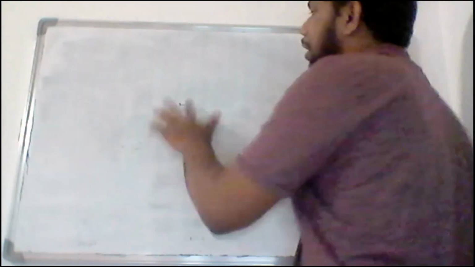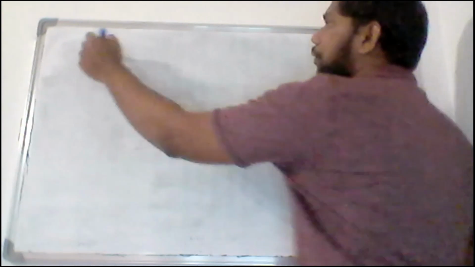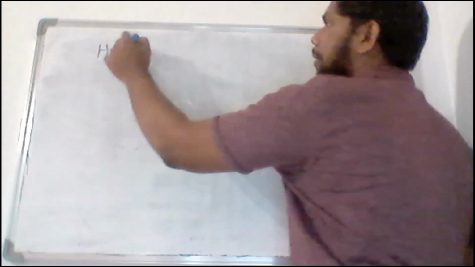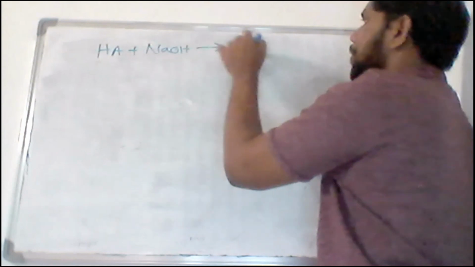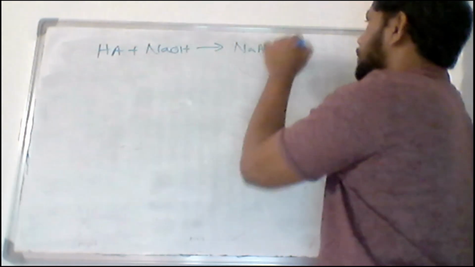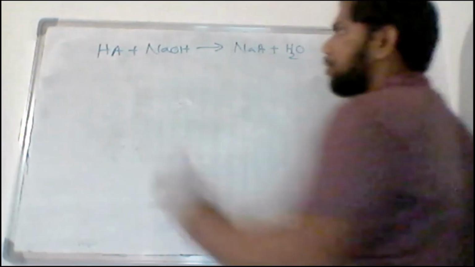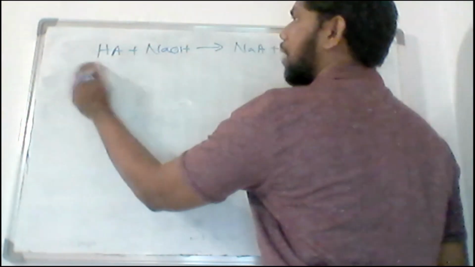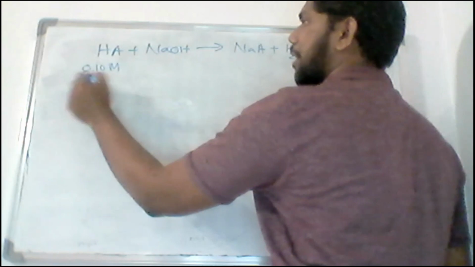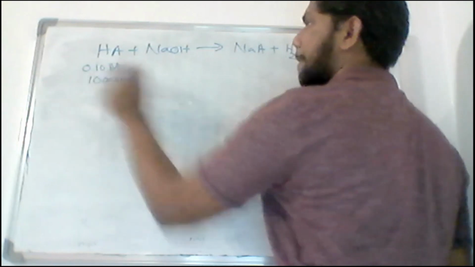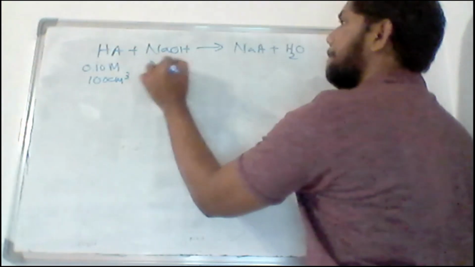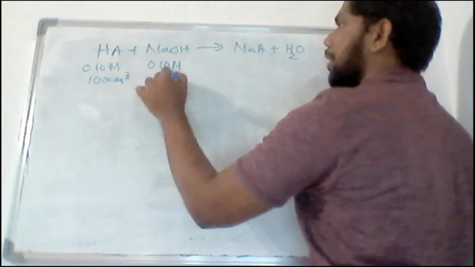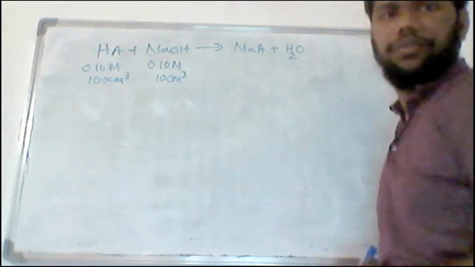Let's say we have HA plus NaOH, which gives NaA plus water. I am going to use 0.1 M HA, 100 cubic centimeter, and 0.1 M NaOH, 10 cubic centimeter, for this reaction.